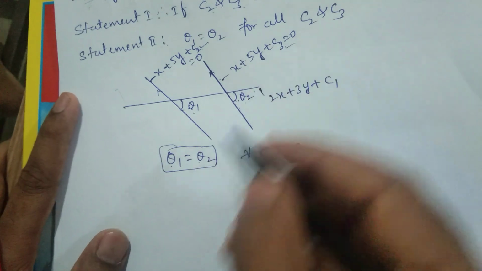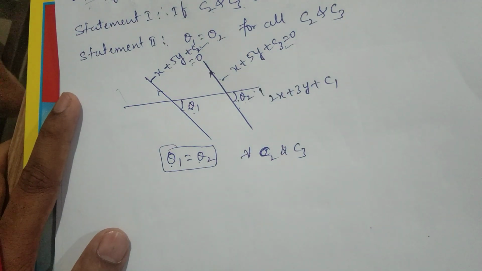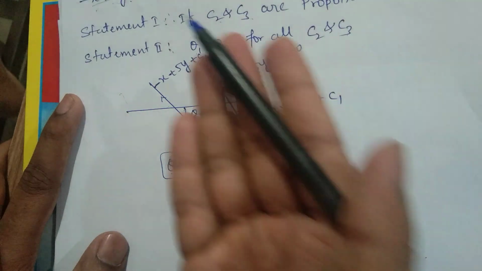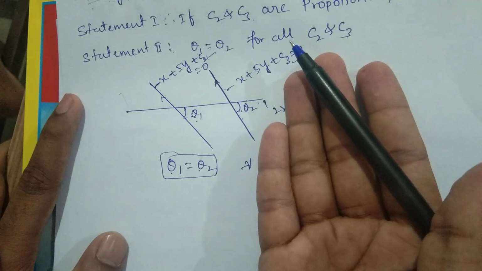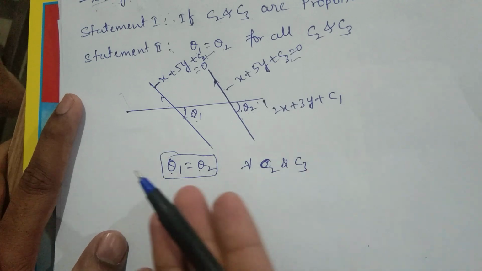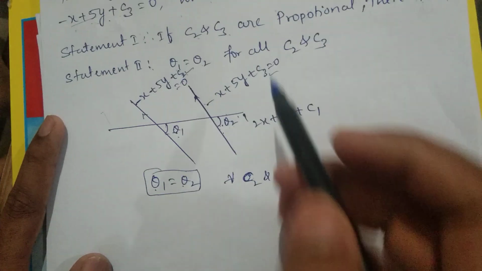For c2 and c3, it may be a proportion, it may be 10, it may be 7 or 8, whatever it may be. For all values of c2 and c3, theta 1 is equal to theta 2. It means, is statement 1 true or statement 2 true?